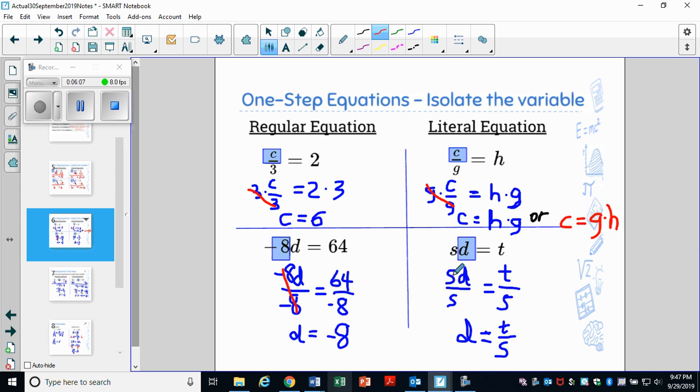So we divide both sides by the letter s. I know it looks like a 5. And in the end, d equals t divided by s. Again, division property of equality, and we did the multiplicative inverse, because s divided by s just gives us a big old 1, and 1d is equal to d.